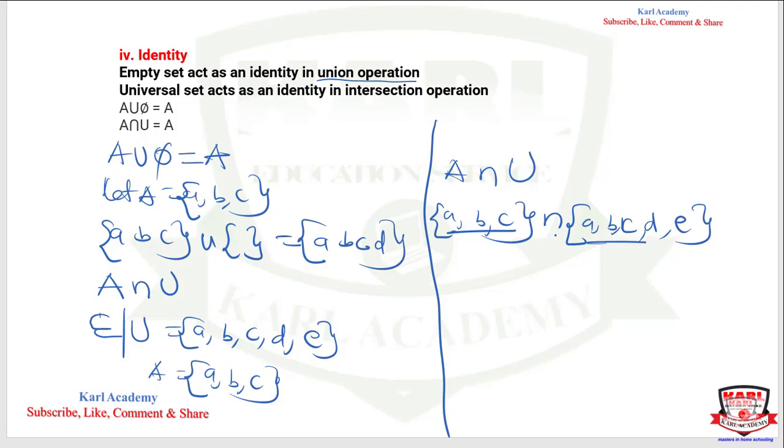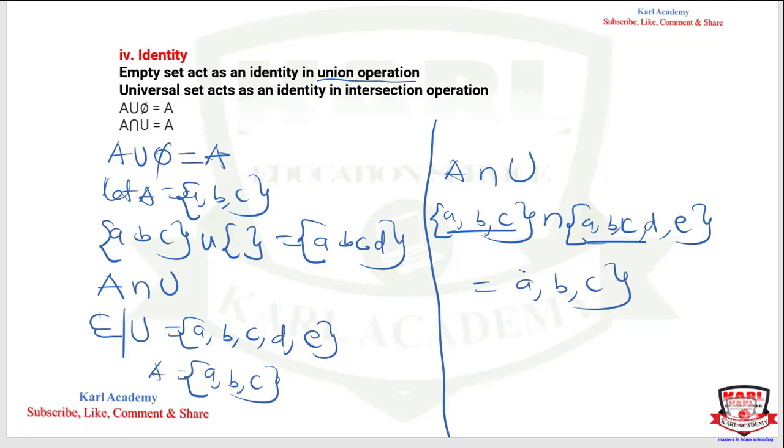A, B, C are present in both: the three elements A, B, C are in set A, and A, B, C are also present in the universal set, which is all items under discussion.